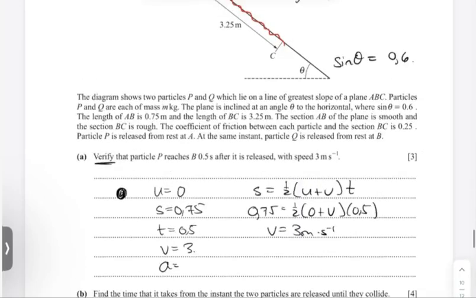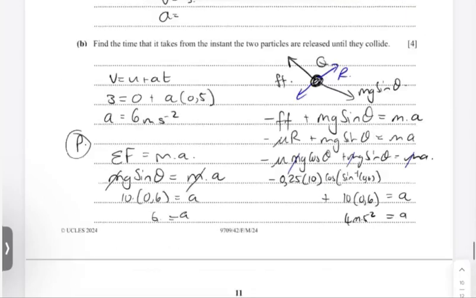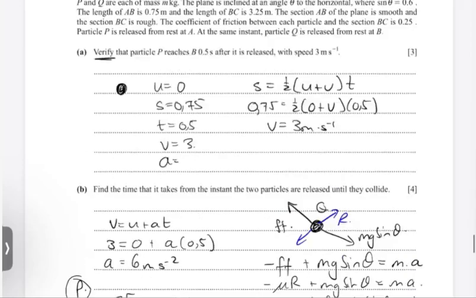Okay, let's just orientate ourselves now. We know what the acceleration is on the rough patch, and we know what it is on the smooth patch. So they say find the time it takes from the instant the two particles are released until they collide. Okay, so particle P reached B after half a second.